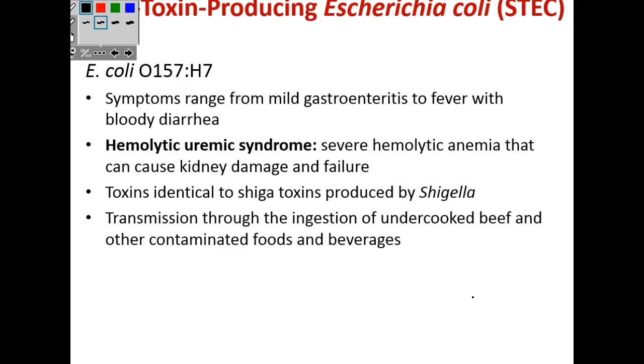It can lead to hemolytic uremic syndrome, a severe hemolytic anemia that can cause kidney damage and failure. Toxins are identical to Shiga toxins produced by Shigella. Transmission is through the ingestion of undercooked beef and other contaminated foods and beverages.